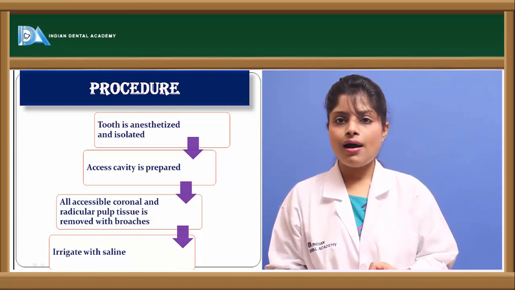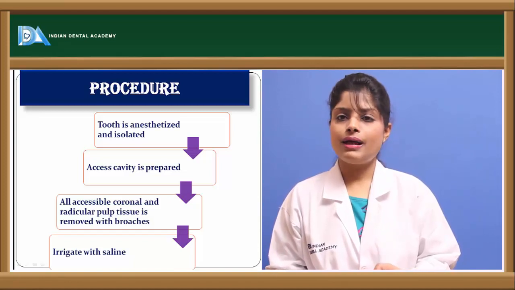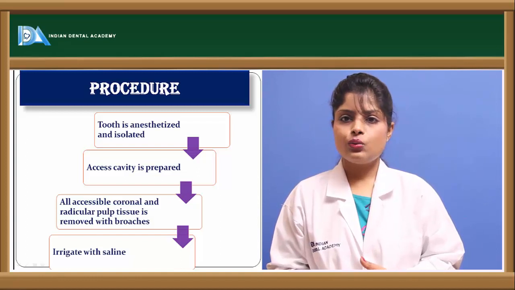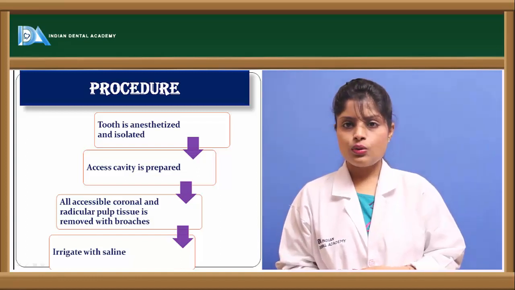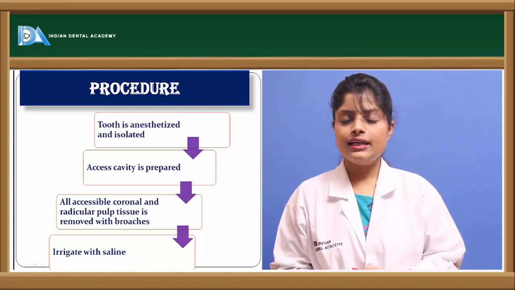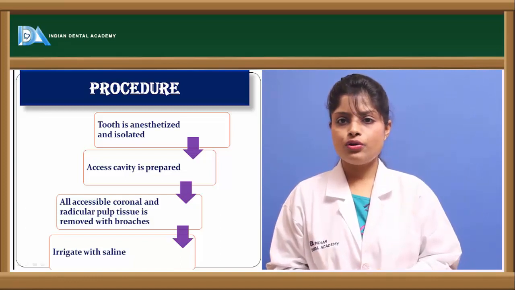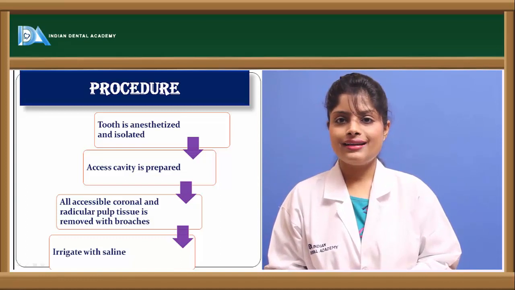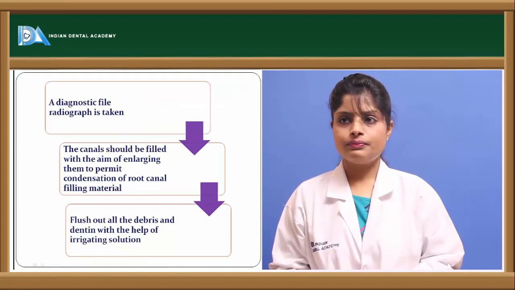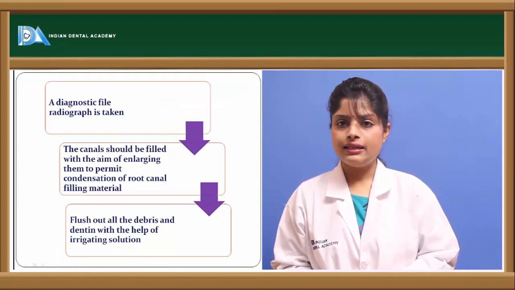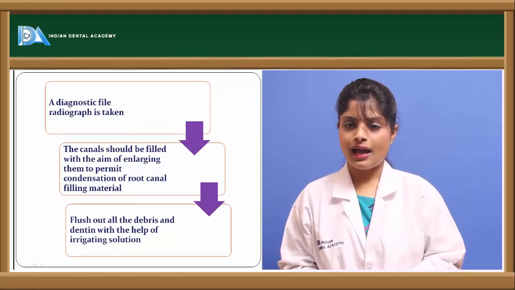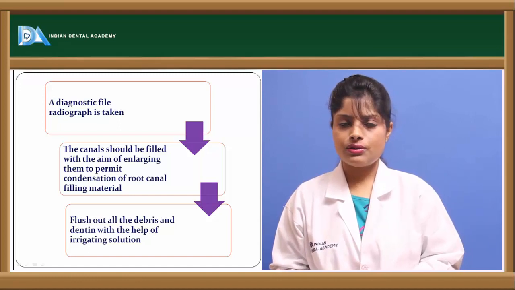By means of barbed broaches, we extirpate the pulp and irrigate with saline solution. We can also additionally use EDTA or sodium hypochlorite for chemomechanical debridement. Finally, a diagnostic radiograph for working length is taken.